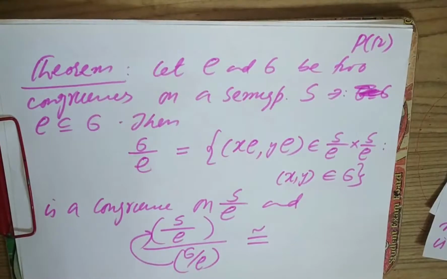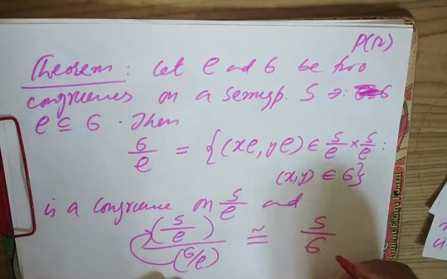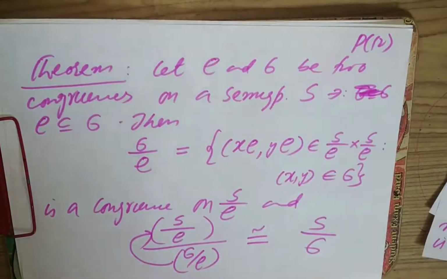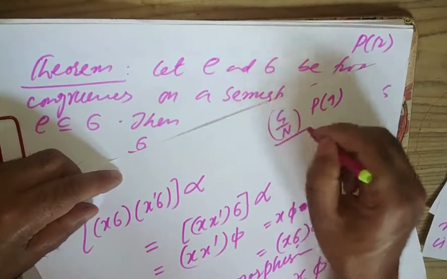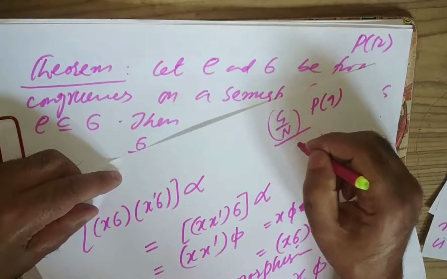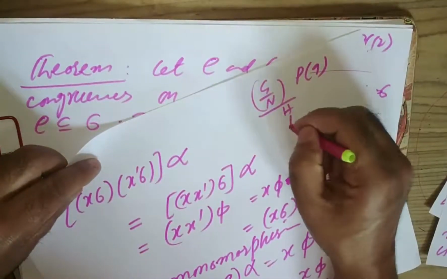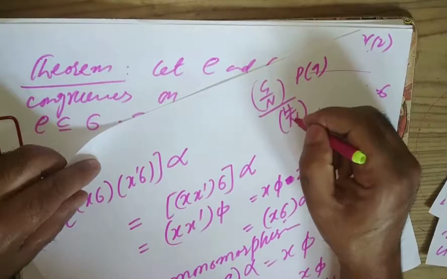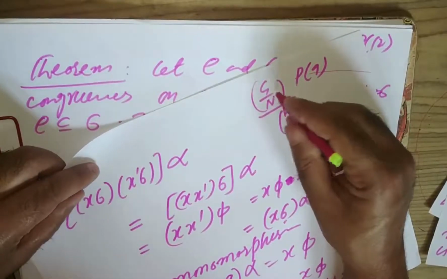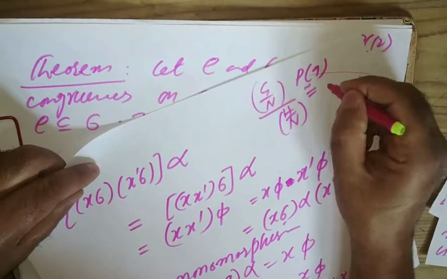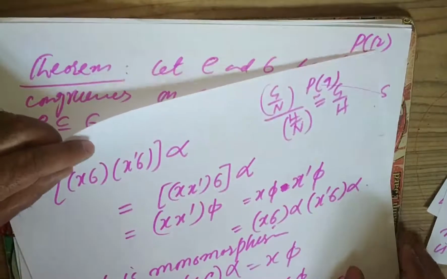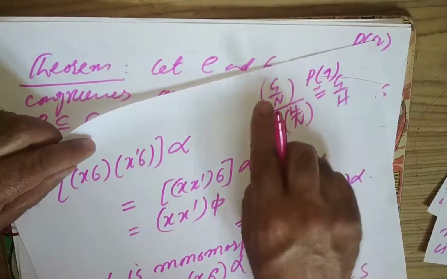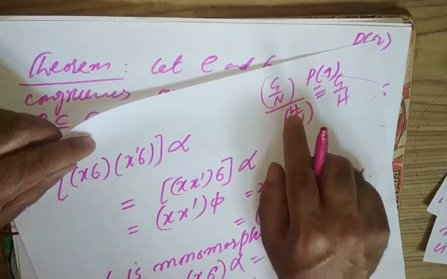It's like in case of groups, suppose we have G by N divided by H by N, where N is a normal subgroup of H. So in case of groups, it's isomorphic to G by H quotient. Both H and N are normal subgroups of G, such that N is a subgroup of H.